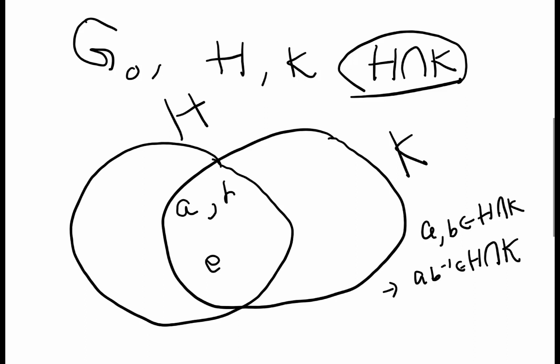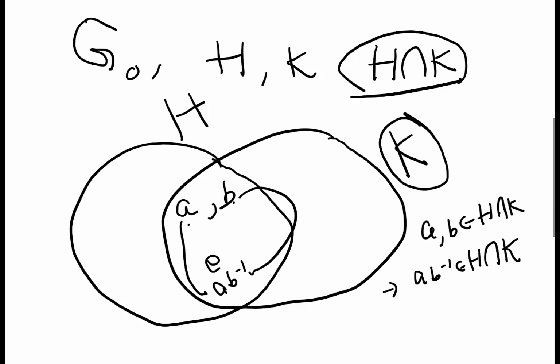So A and B are in H intersection K means A and B are in H, right? And since H is a subgroup, AB inverse is in H. And again, A and B are in H intersection K means they are in K, and so AB inverse is in K. So AB inverse is in both H and K, so AB inverse is in H intersection K.